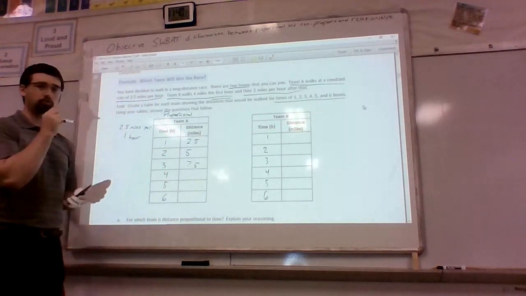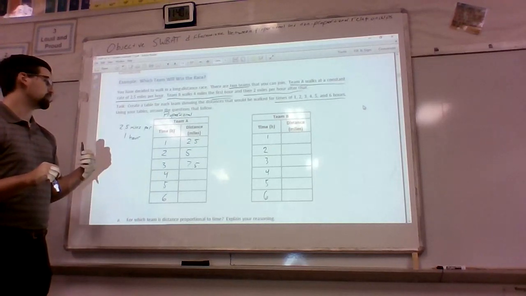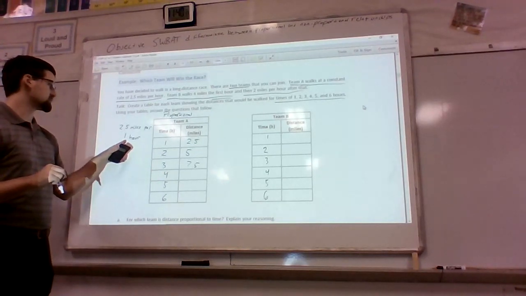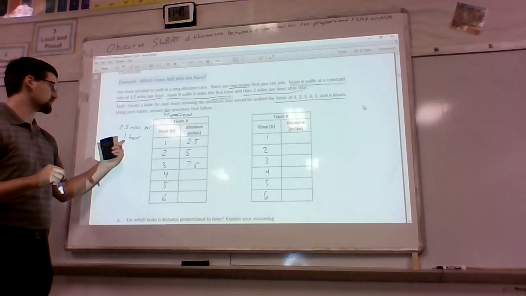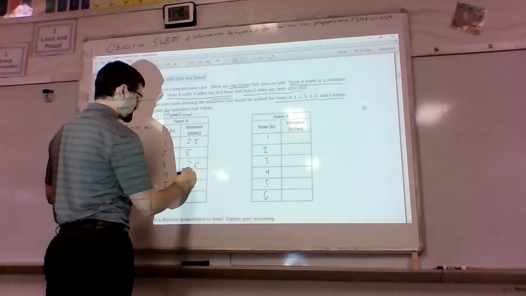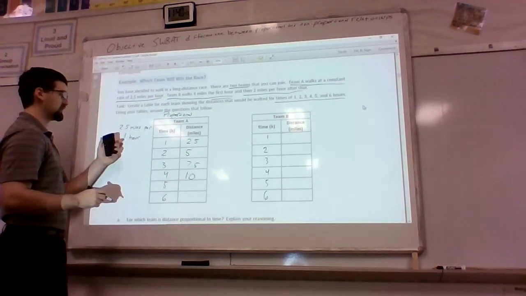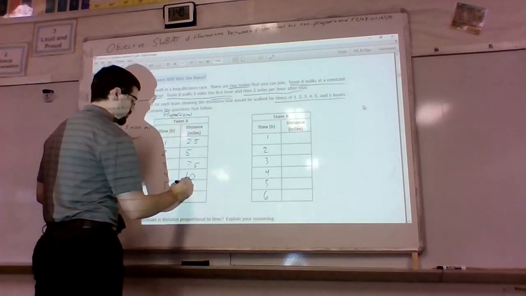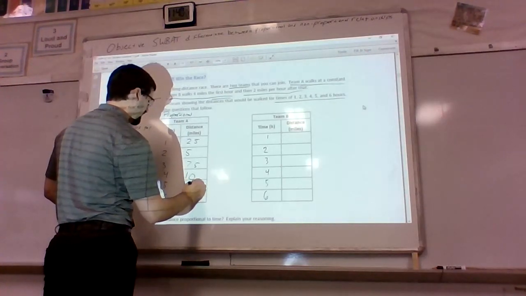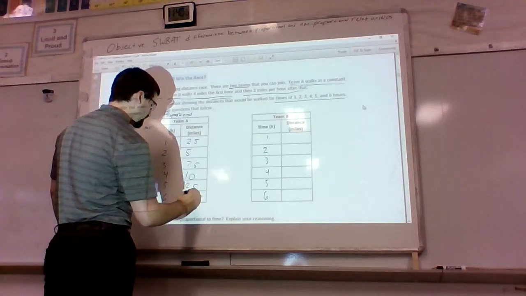We can continue filling out the chart this way. For 4 hours, we're doing 2.5 four times, or 4 times 2.5, which is 10. 5 would be 5 times 2.5, or 12.5. And lastly, 6 times 2.5 is 15.